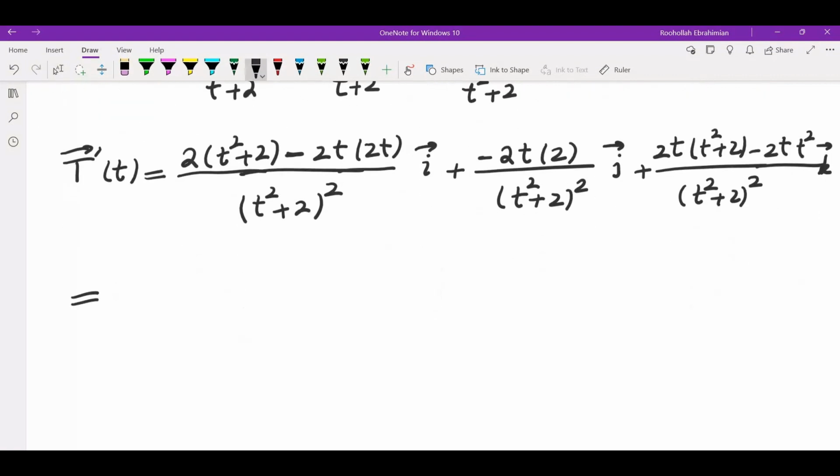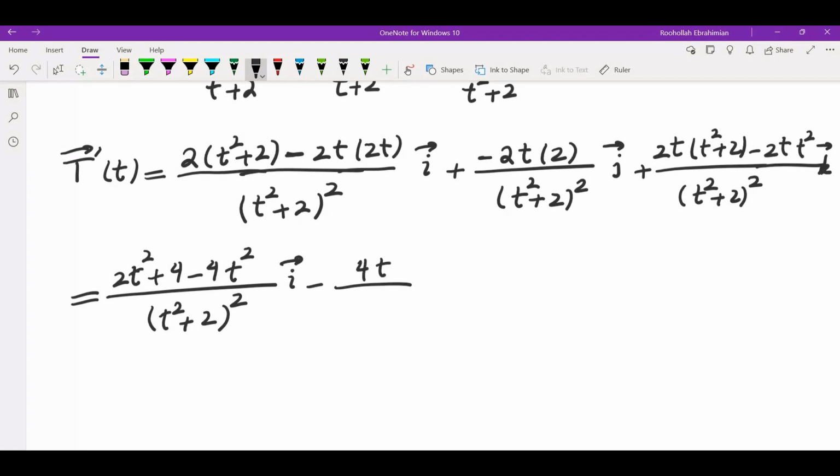So let's simplify and then divide by its magnitude. The denominator is t squared plus 2 squared. We get 2t squared plus 4 minus 4t squared, i, minus 4t over t squared plus 2 squared, j, plus, we get 2t cubed minus 2t cubed, so those two cancel. We get 4t over t squared plus 2 squared k.